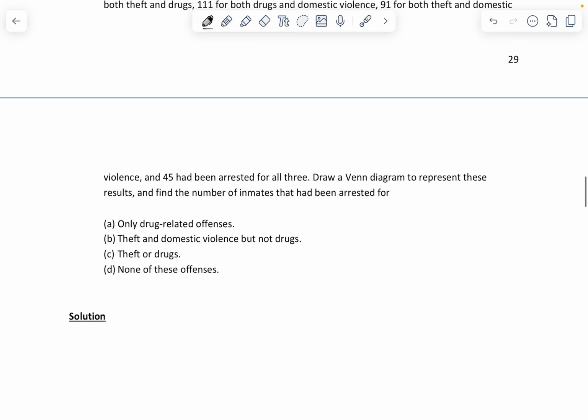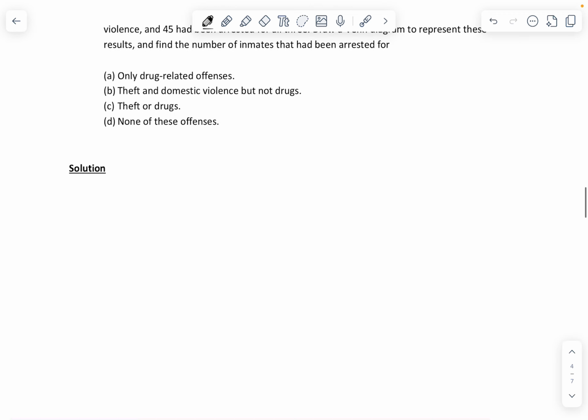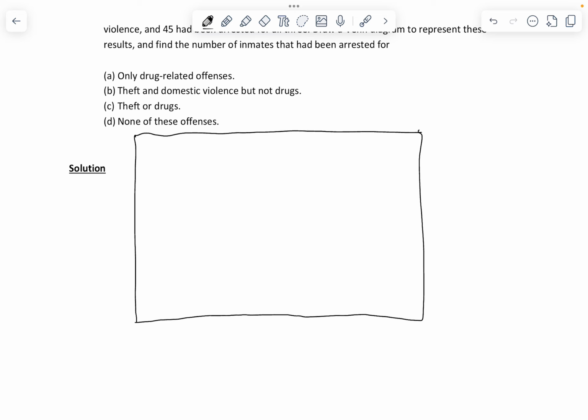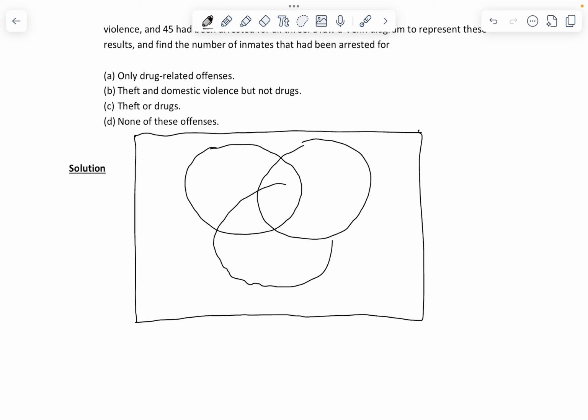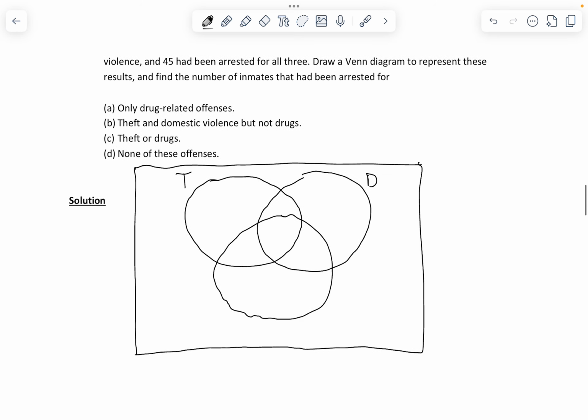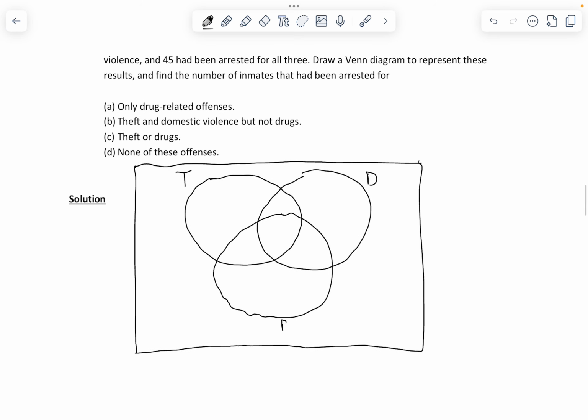Okay, so let's start by just sketching our Venn diagram. I need a little bit of a bigger one. You want 3 circles. I'm going to label my circles T for theft, D for drug-related, and then we'll say DV for domestic violence.